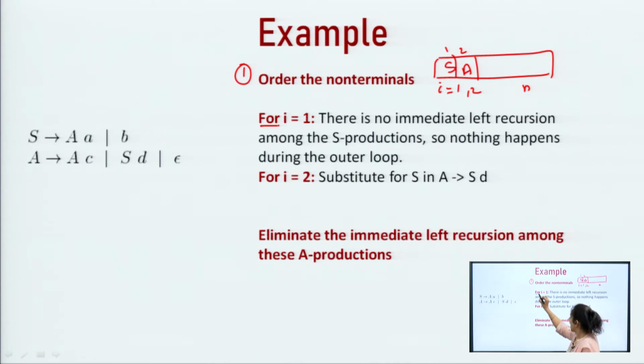Now, first is I equal to 1. Here there is no immediate left recursion among the S productions, so nothing happens during this outer loop.